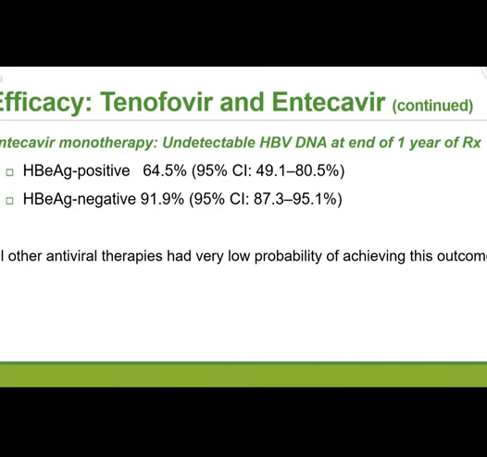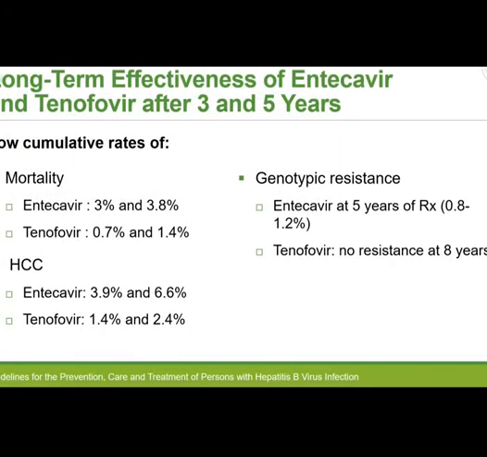Entecavir monotherapy is definitely a bit lower as compared to tenofovir. Other antiviral therapies have a low probability of achieving this outcome. The risk of developing hepatocellular carcinoma is also low with tenofovir, and genotypic resistance is not seen with tenofovir.